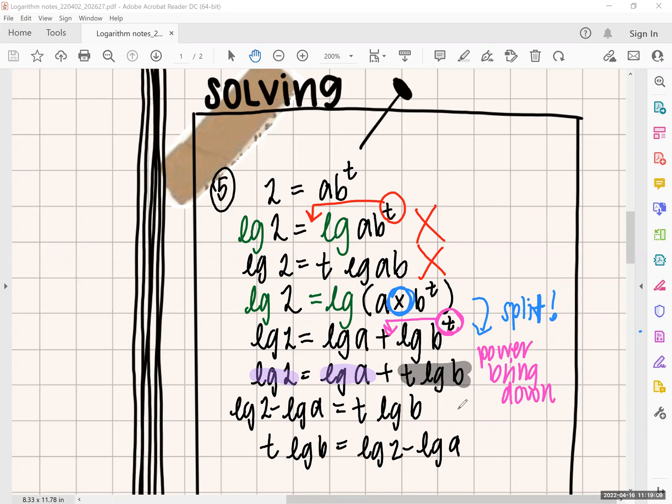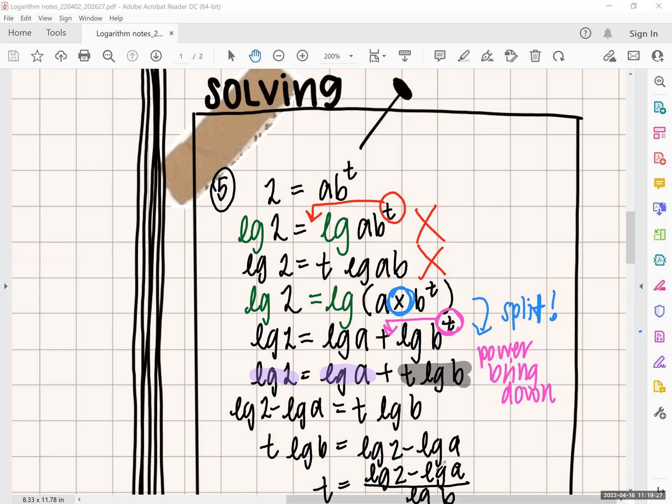Okay? Then remember you want to solve for t, because t is your unknown, right? The rest are all constant. So to solve for t, it means that t is equal to (lg 2 minus lg a) over lg b.